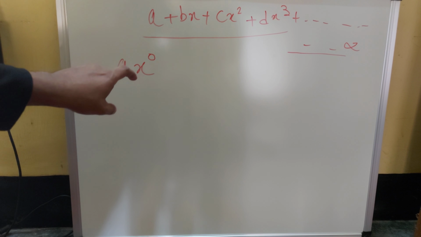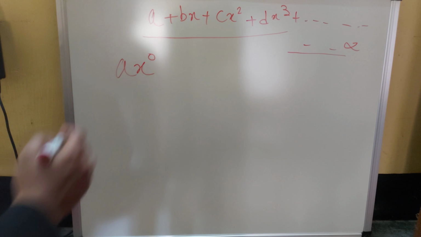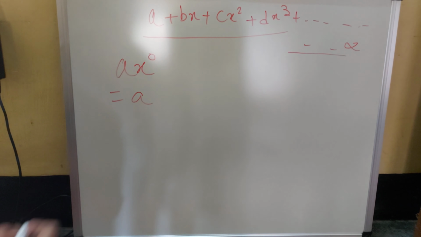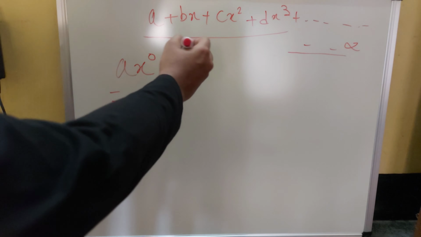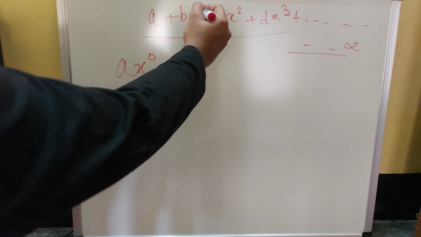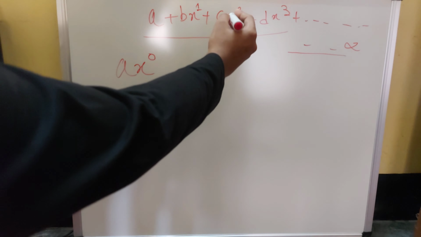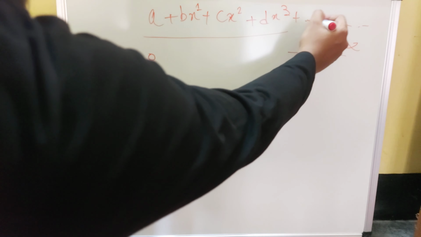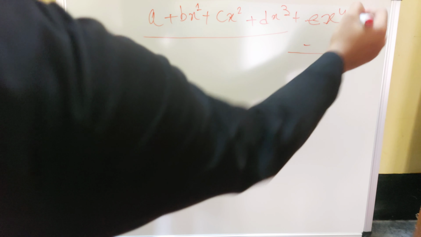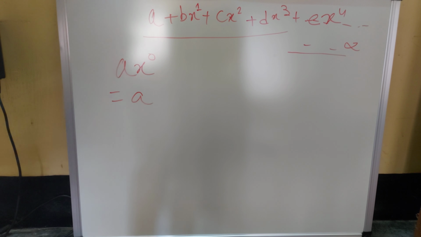Anything to the power 0 equals how much? 1. So it will be a only, right? That's why we have written a. Plus bx means x to the power 1 actually. Then cx square is x to the power 2. Then dx cube is x to the power 3. The fifth one will be x to the power 4. Like this way it's going.